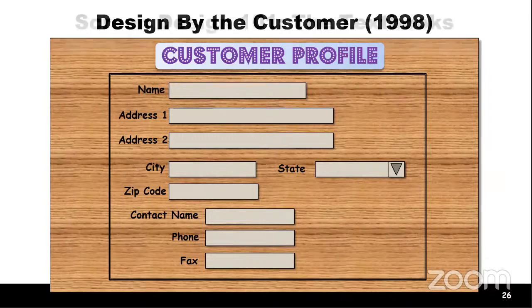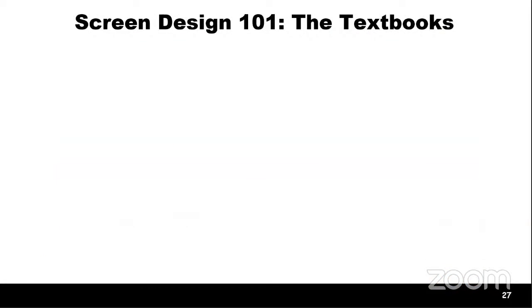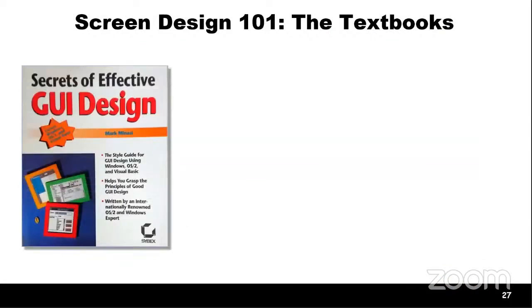So we had some books that we relied on for design. One was The Secrets of Effective GUI Design. This is way back, because it mentions OS2 and Visual Basic, which, we still have Visual Basic, but that was pretty early days, early 90s. But it was helpful for coming up with how to do client-server design. When we moved to the web, then it was a little bit different.